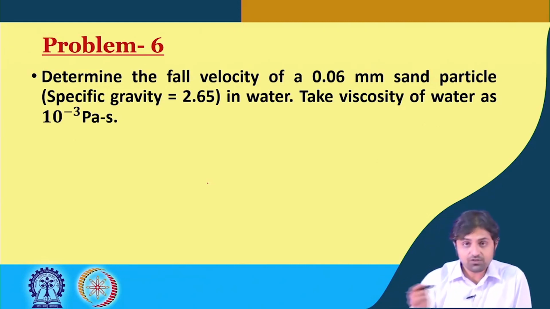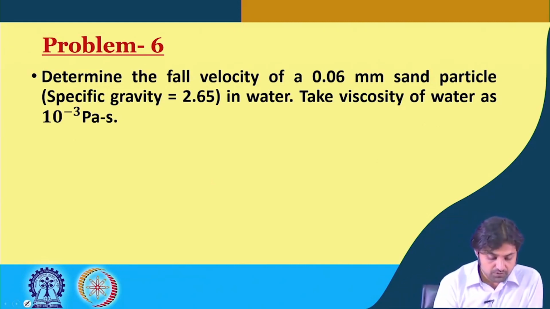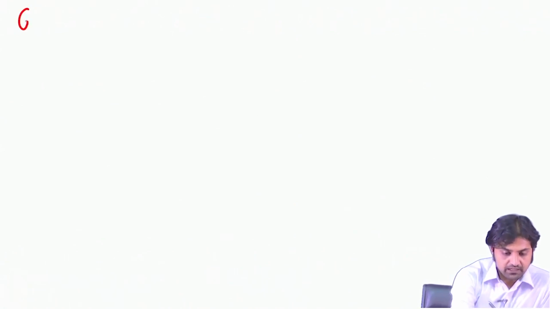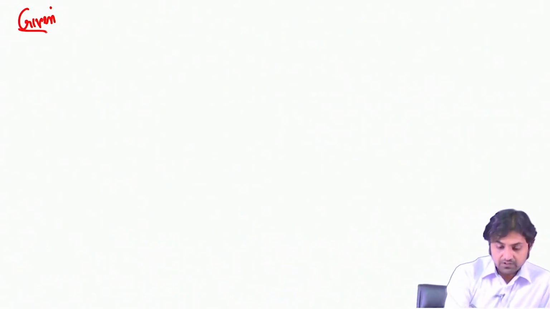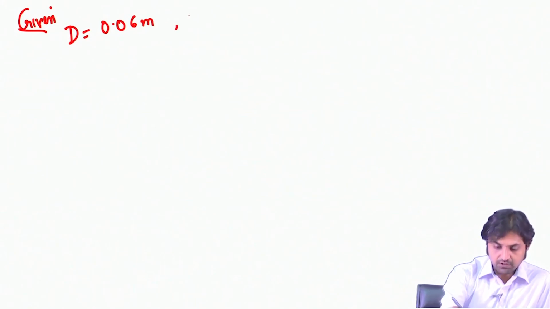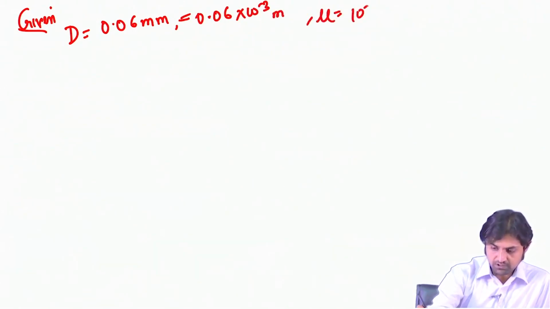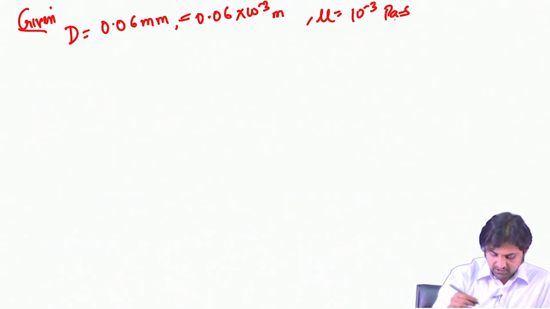Okay. So, as with all the other problems, we are going to have a white sheet and start writing the things that are given first. So, we have been given d is equal to 0.06 millimeters, or 0.06 into 10 to the power minus 3 meter. Mu is given as 10 to the power minus 3 Pascal second.